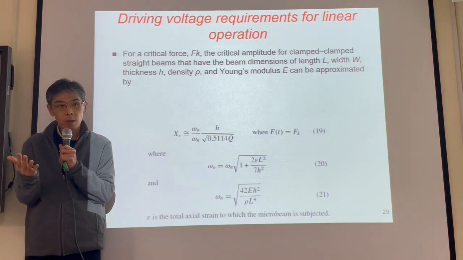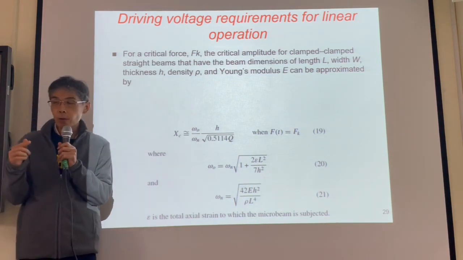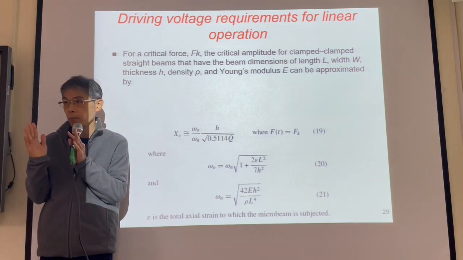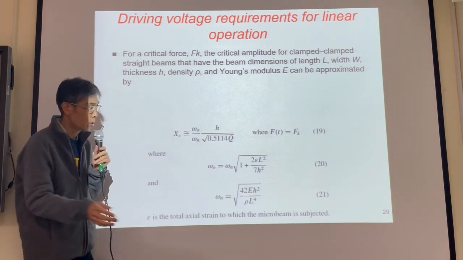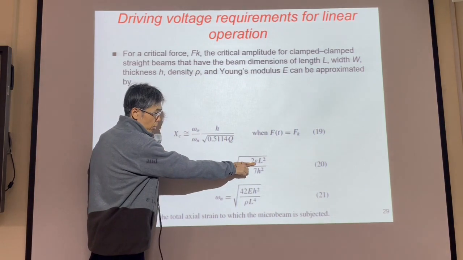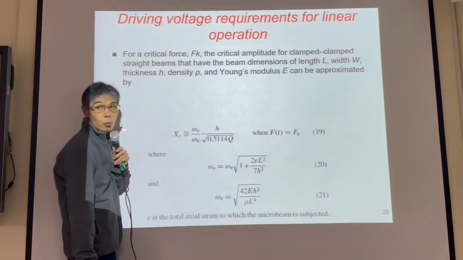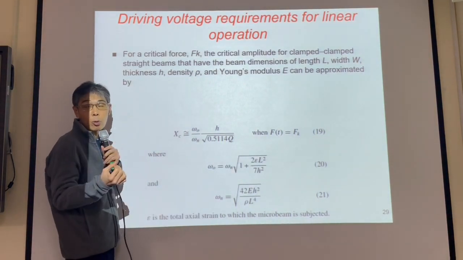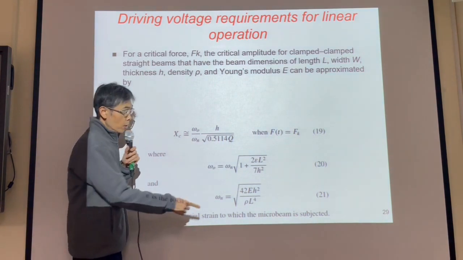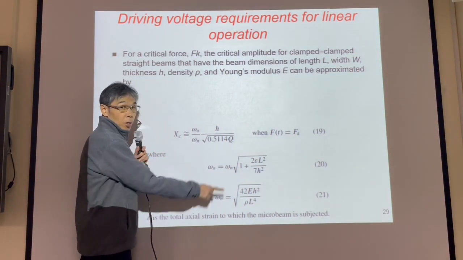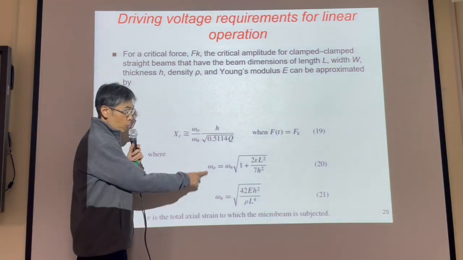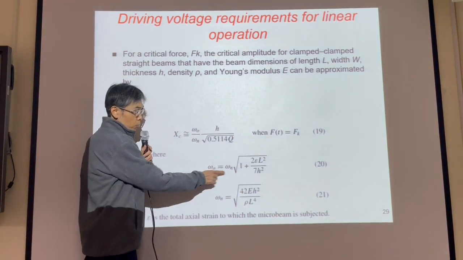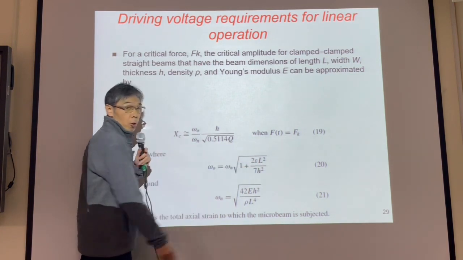But for our beam, we have internal, residual stress, so there is strain in the beam. If you have strain in the beam, the natural frequency is not omega n anymore. The natural frequency will be omega 0 due to the effect of internal strain.